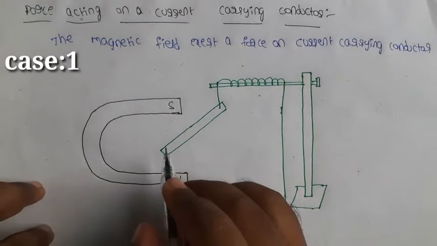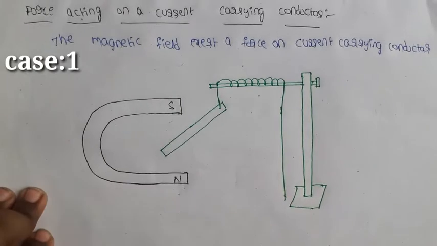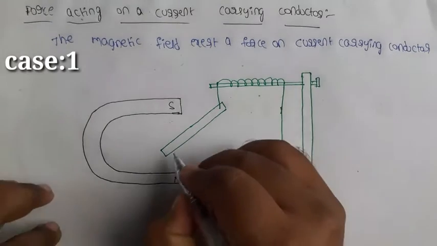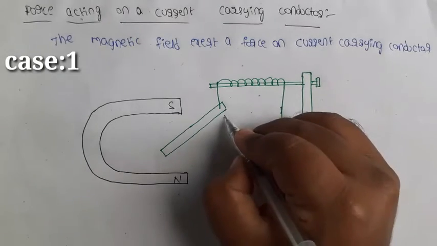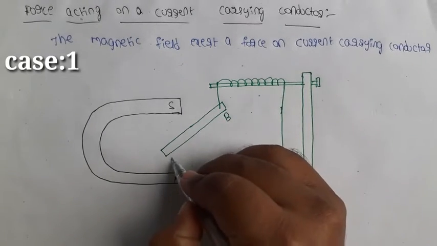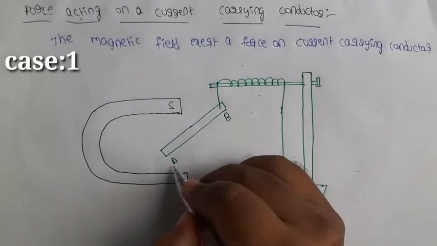Now I am constructing an electric circuit. This is point P of the rod. This is point A of the rod.